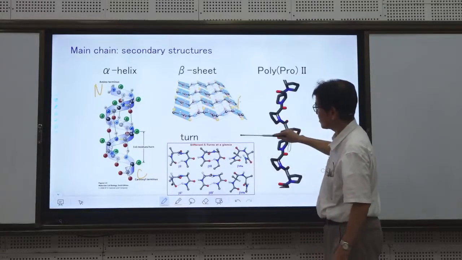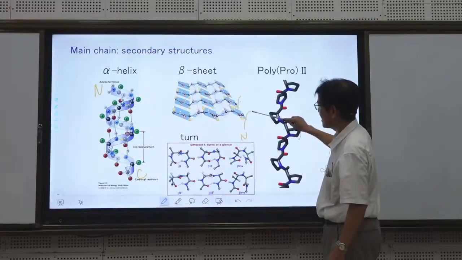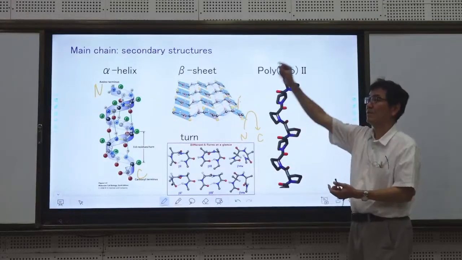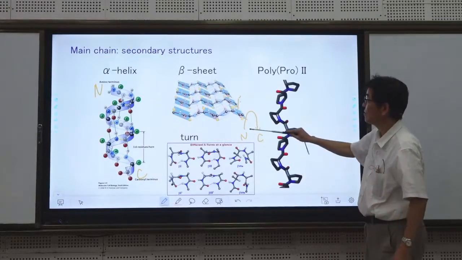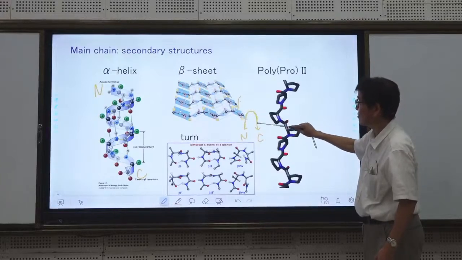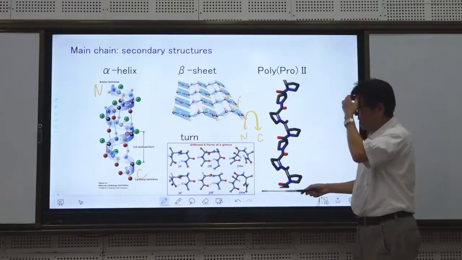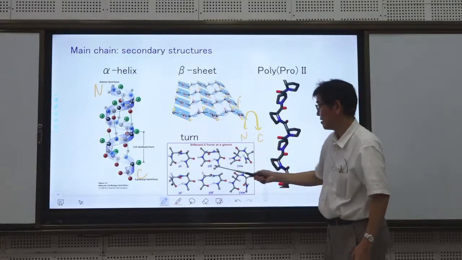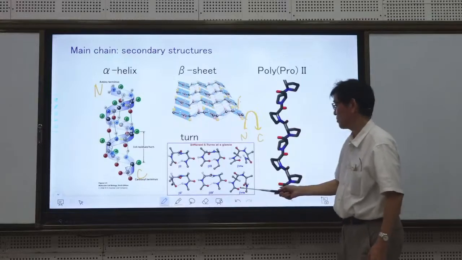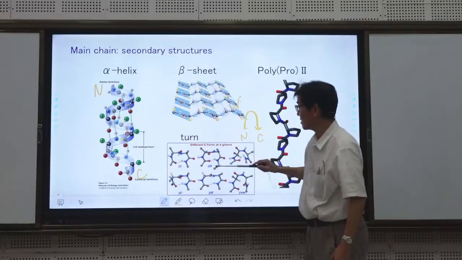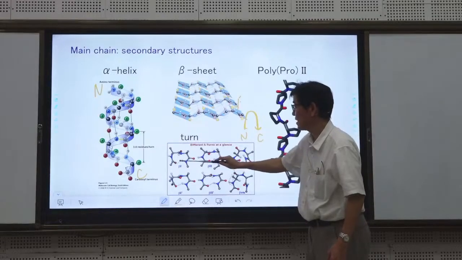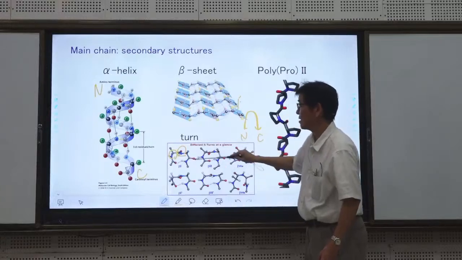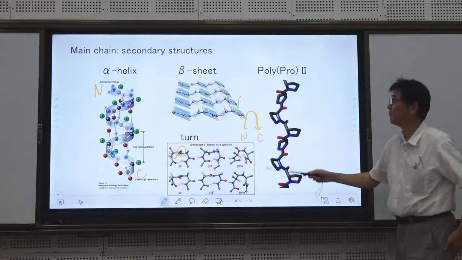Sometimes direction of the peptide main chain turns to this, forms a turn structure. There are various turn structures, beta 1, beta 2, beta 6a, beta 1 prime, beta 2 prime. So the difference is the position of the hydrogen bonding and the number of amino acids in this turn structure.